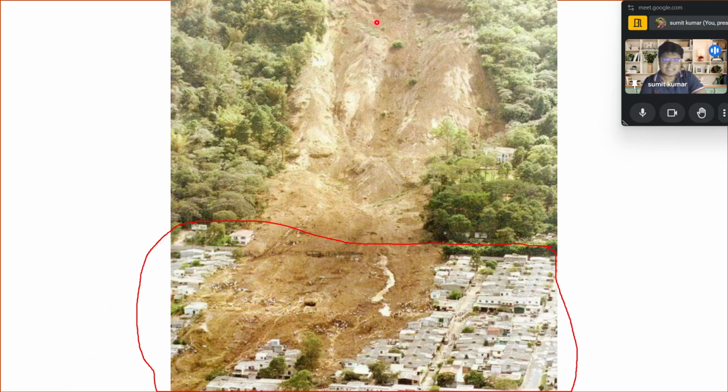But at this section you can see there is no vegetation at the time when this image was taken. So what is the reason that this vegetation got eroded out? Due to the failure of the slope, the soil mass flows out. These days, when you go across several news articles, or if you are aware of social media content, you see that some people recorded slope failure videos and uploaded them on social media or elsewhere.